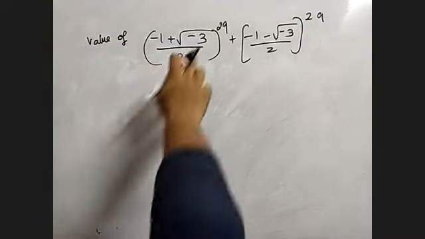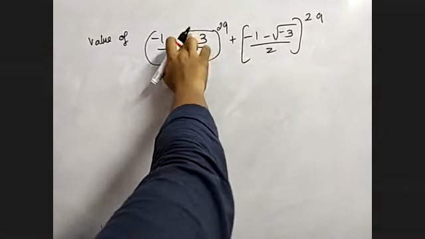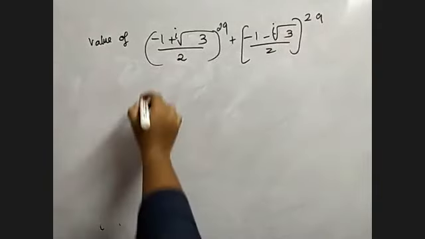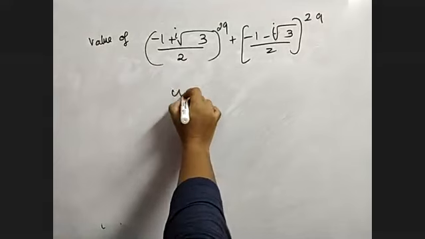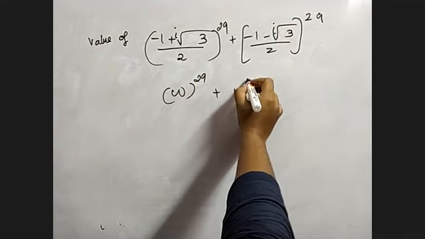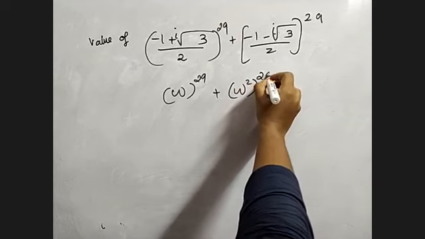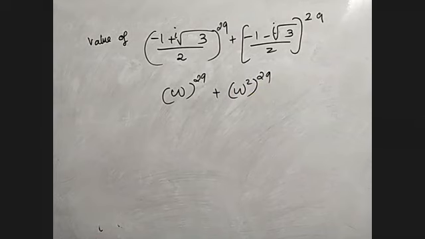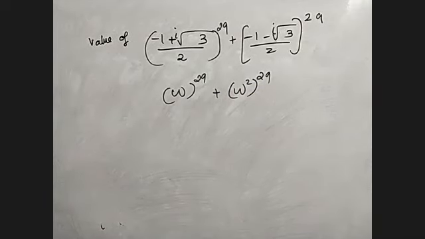Simple question, no? When I take this negative outside, it will become i. Taking the outside, it will become i. So this is nothing but omega, isn't it?